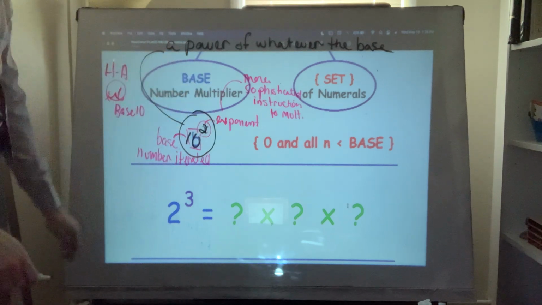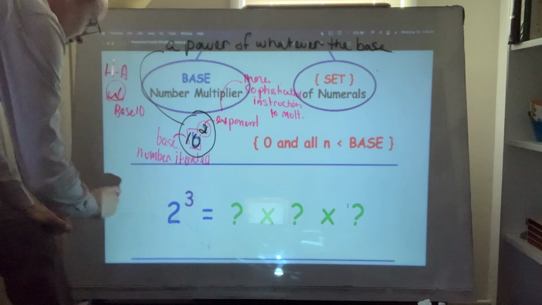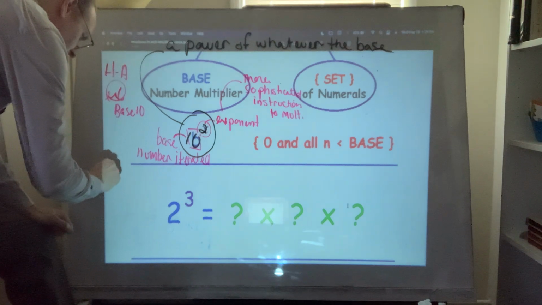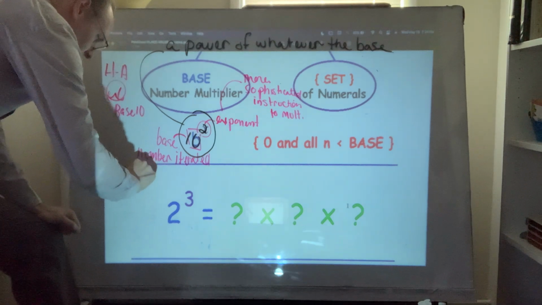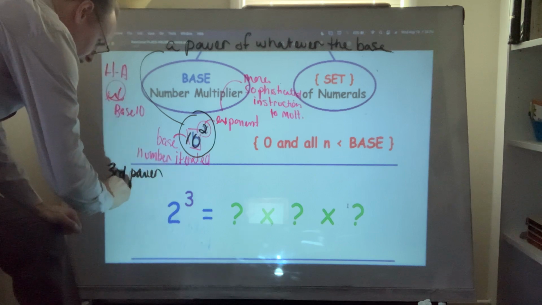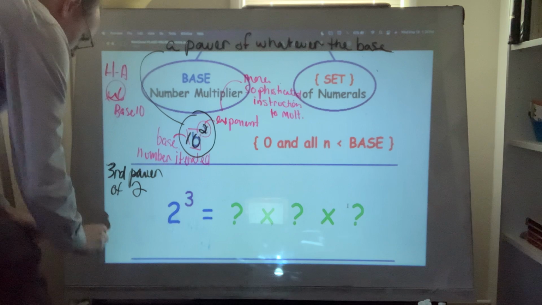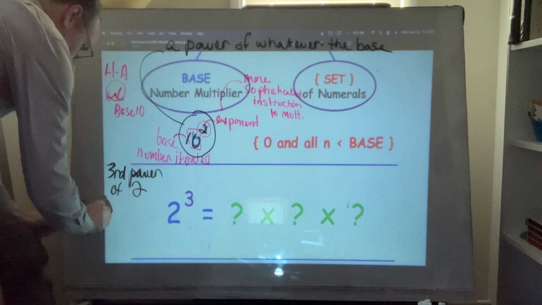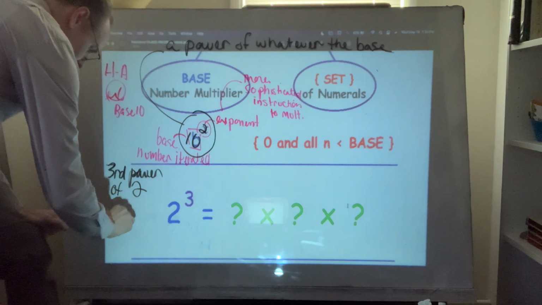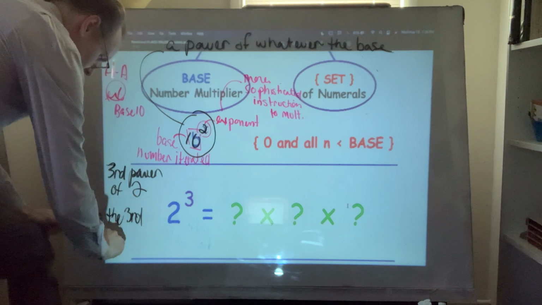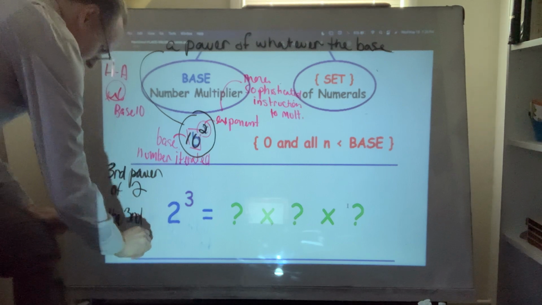Okay, here's another example of that. This is the third power of 2. Or you could say 2 to the third power. Those are perfectly legit as far as English is concerned.